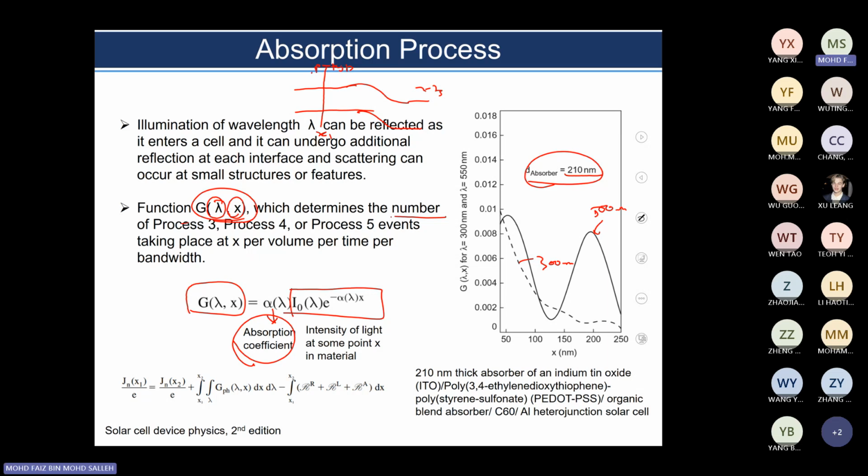It is in series, not in parallel. So the current density before X1 must be equal to the current after X1. Is it correct? This is the current continuity model that is valid inside the PN junction.